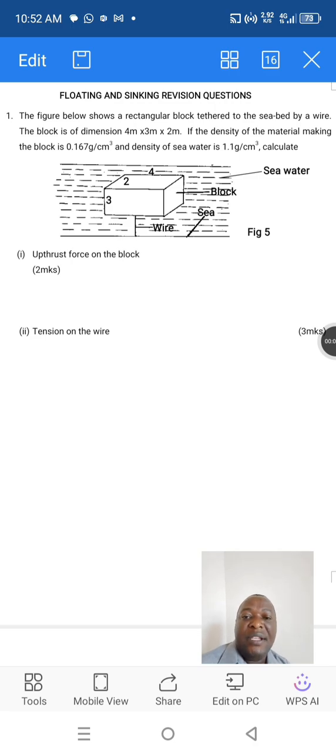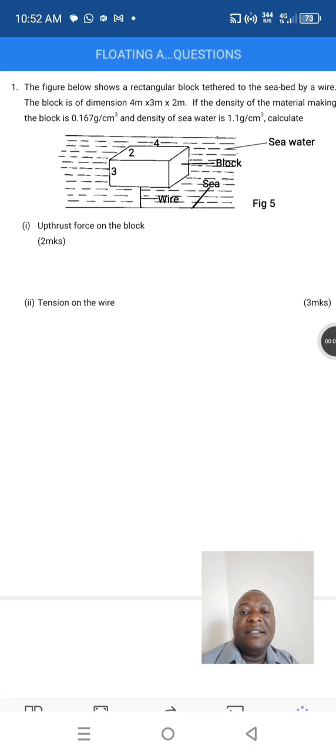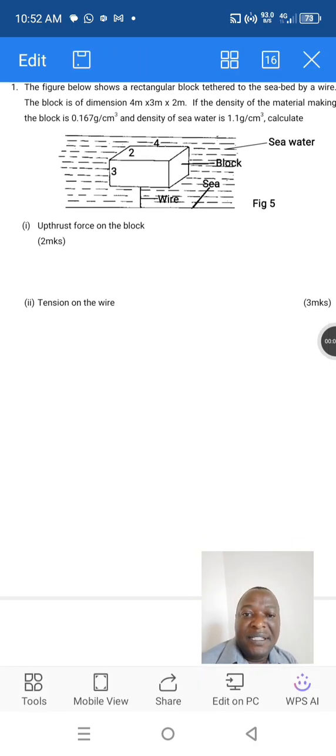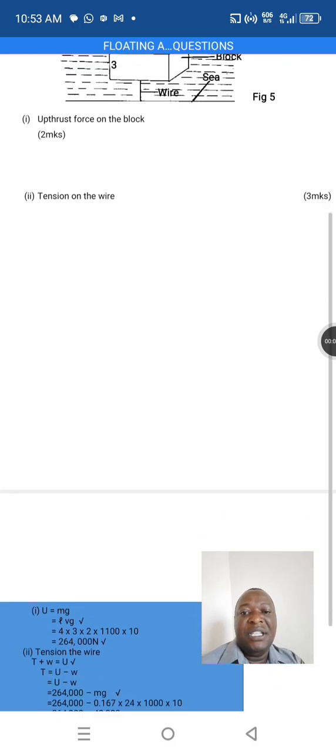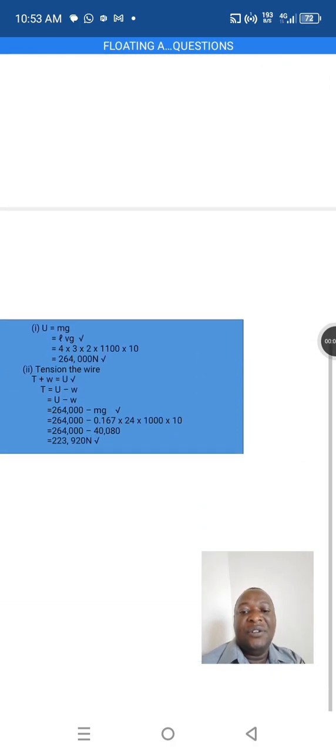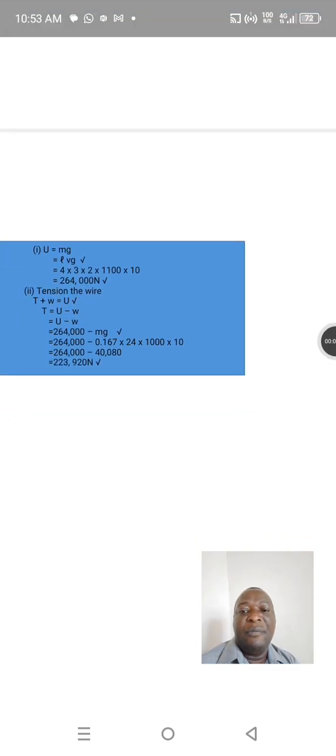From there, we need to find the weight of the seawater displaced. And weight is given by mass times the acceleration due to gravity. So in this case, the mass we have gotten as 24 cubic meters times 1,100, then times g, which is 10, as we can see in the solution below for (i).